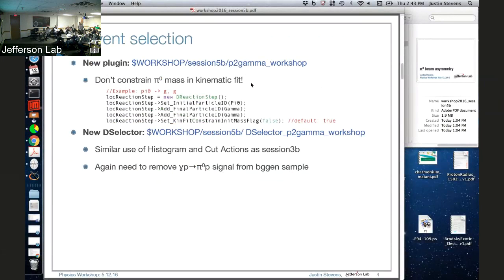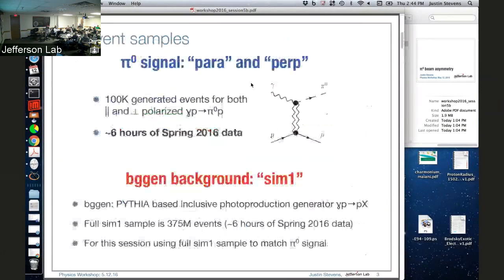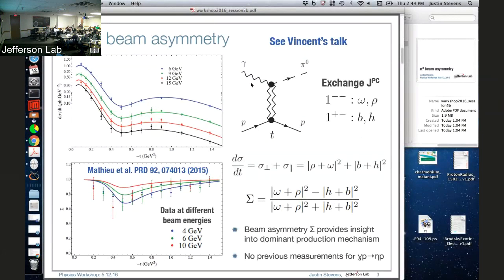So there's a couple new features for this session. Since we're looking at a new channel, we need a new plugin. So this plugin is in this directory. Just to keep things more abbreviated, I won't go through the details of that plugin. But one thing to mention is that now we're looking at a channel where we have a pi zero as the particle that we're interested in, whereas before the pi zero was one of the decays from the omega.